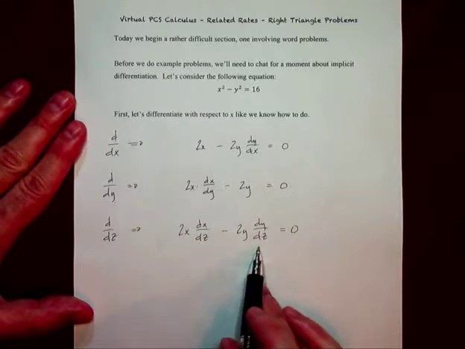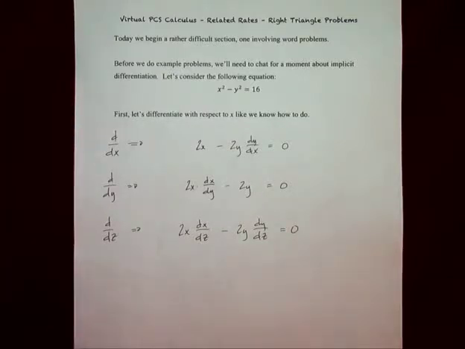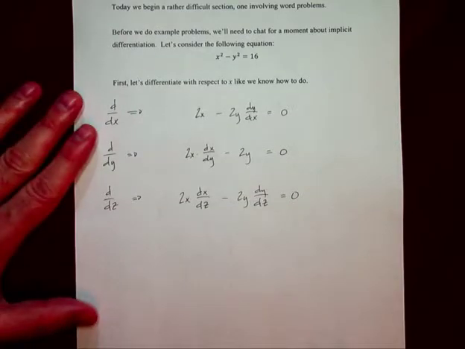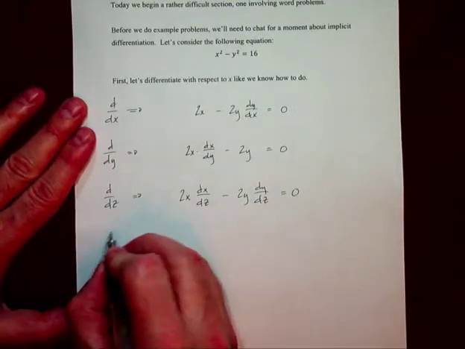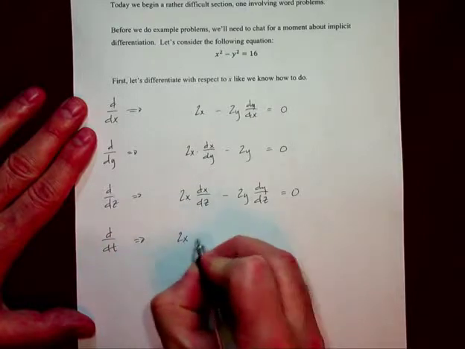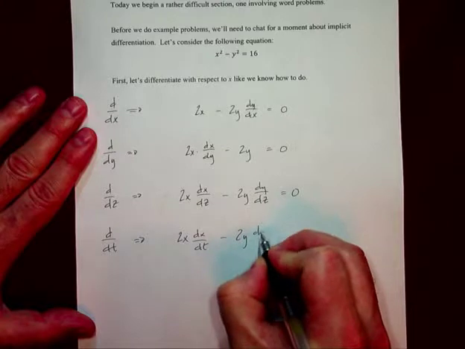For this to be meaningful, there would have to be some variable z that has some relationship to x and y. Otherwise, this is just an exercise in mechanics, and that's fine. Now, let's differentiate with respect to t, and we get 2x dx/dt minus 2y dy/dt.